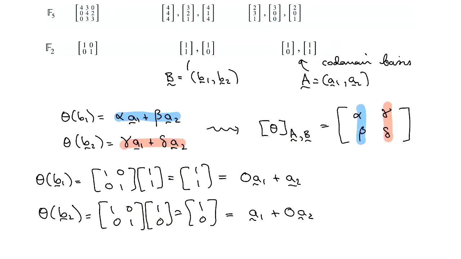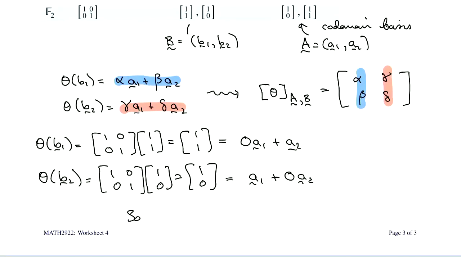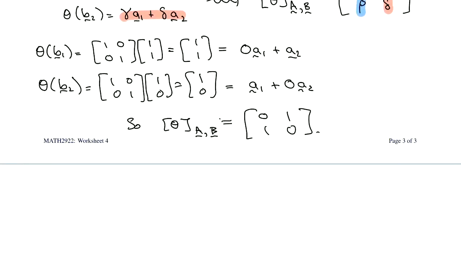Maybe I'll finish the calculation and show you what I mean. So theta AB equals 0, 1, 1, 0. But now let me explain what that means. So note theta AB of 1, 0, doing this with the standard basis vector, what does it give you? Let's do it.